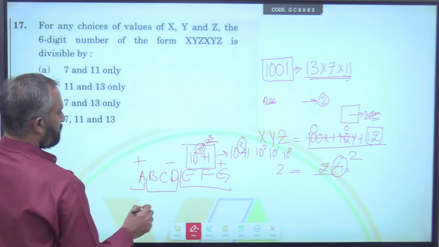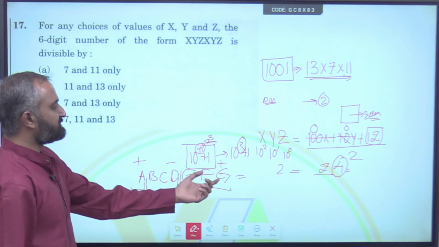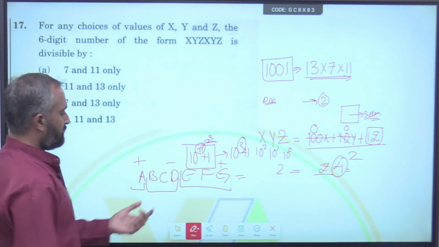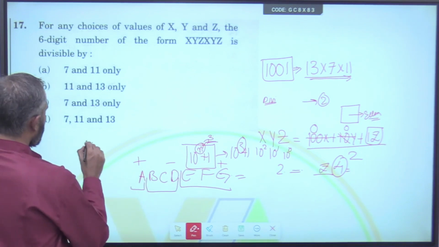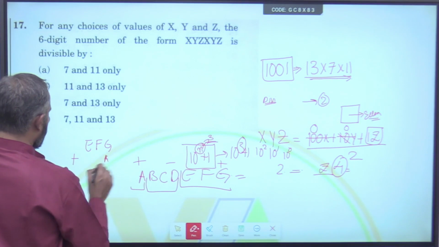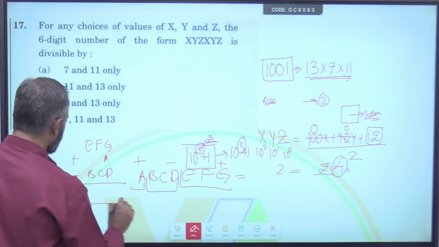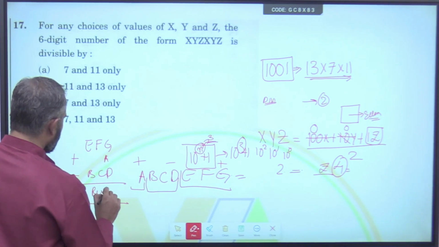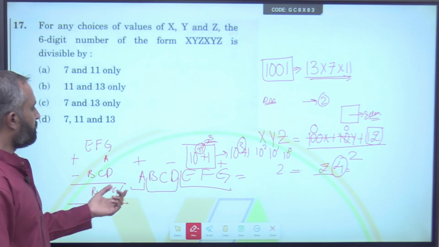Okay? Alternate between positive and negative signs and do this. Now, what does this amount to? EFG plus A minus BCD. If the result is divisible, then the number is divisible.